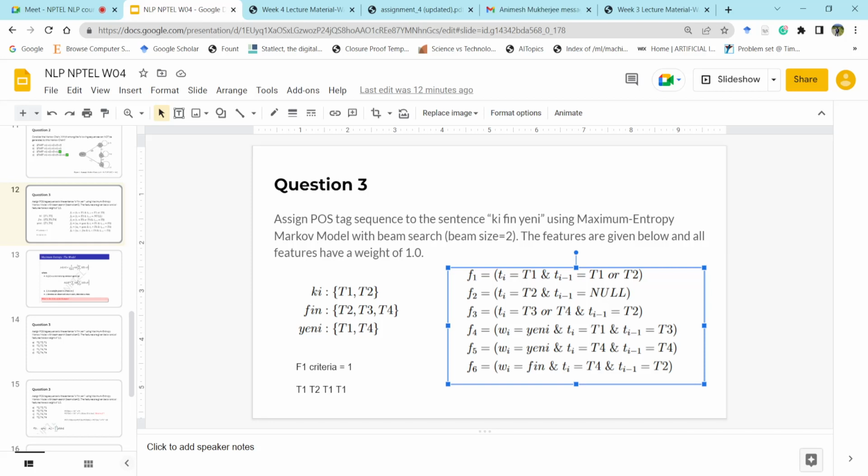So here the work basically is how many of these are true, and based on that we can set the weight.